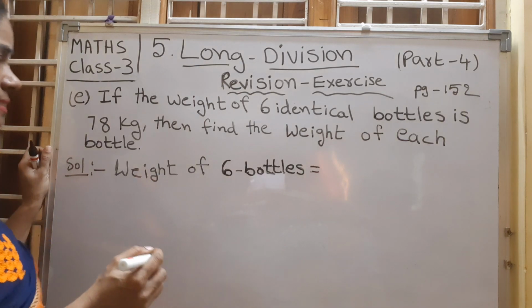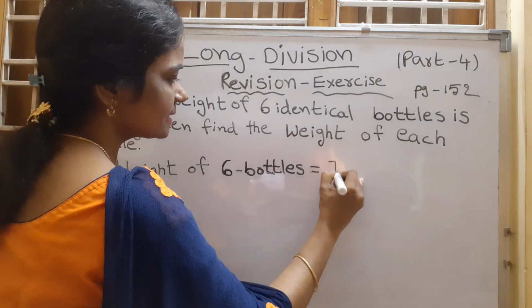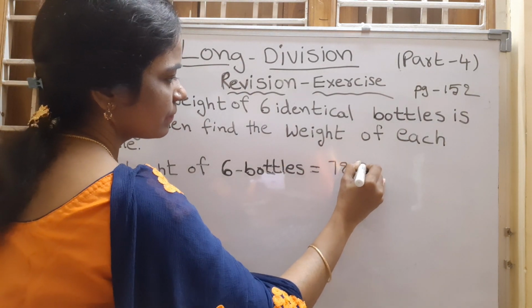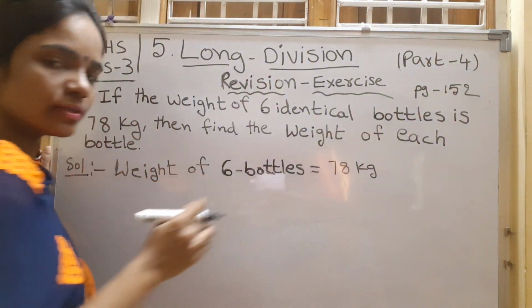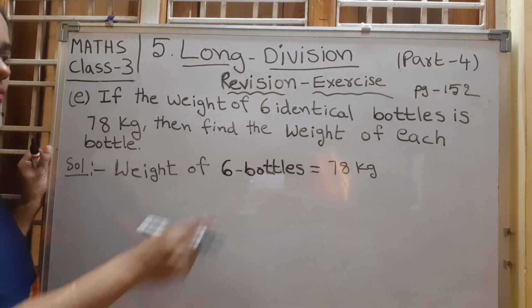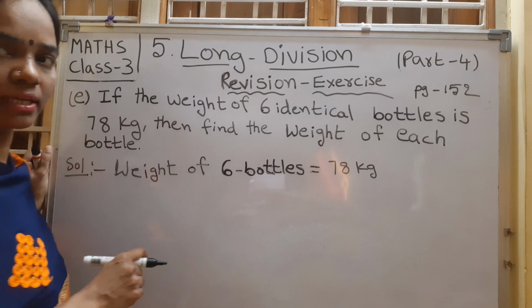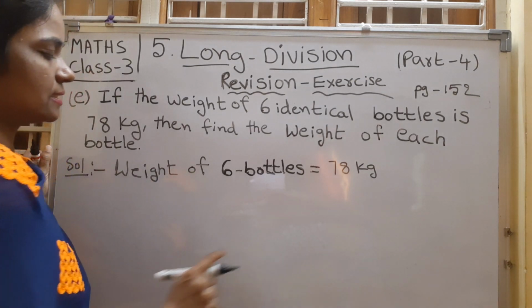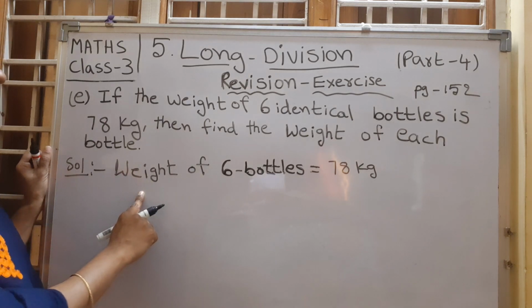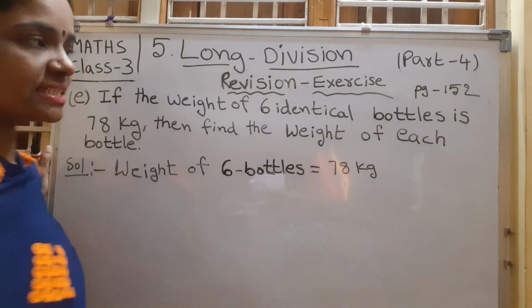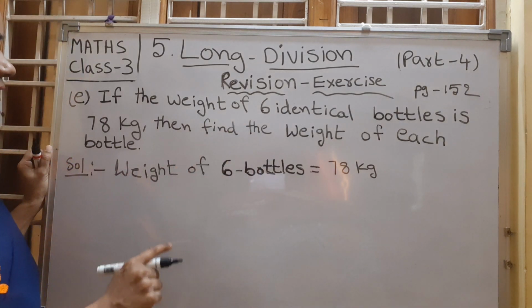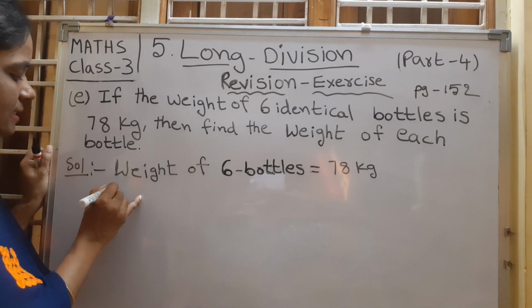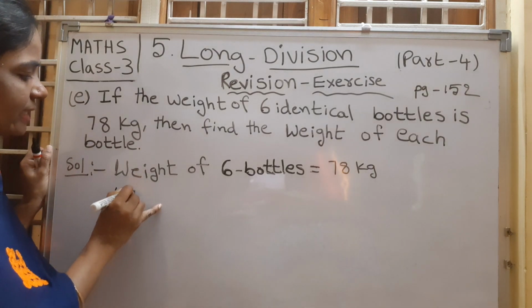Yeah, how many kgs? 78 kgs. Children, mention the units. Okay, without these units, this number is invalid. So 78 kgs. Weight is always measured in kgs or grams. So weight of six bottles is 78 kgs. We have to find out weight of each bottle. Now the next statement is weight of each bottle.